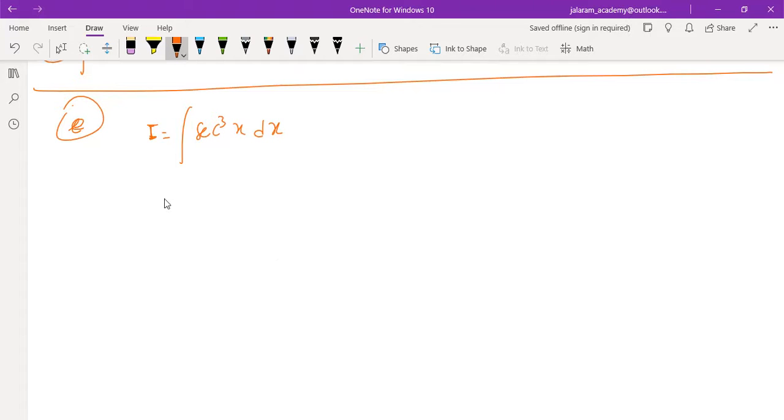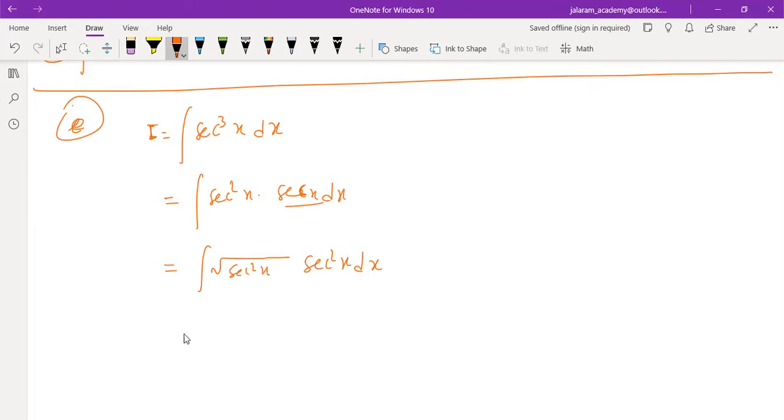Okay, so how to solve it? First of all, what should we do? We change it to sec square x into sec x dx. Then we know that sec square x is the differentiation of tan x. So how to bring tan x into this?